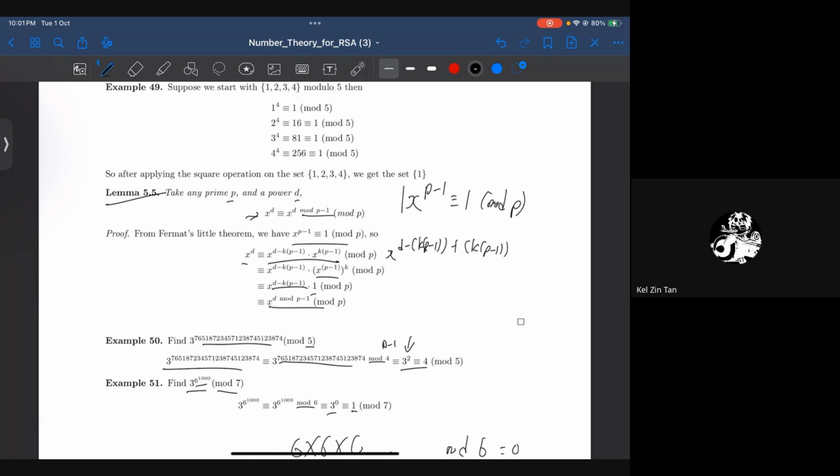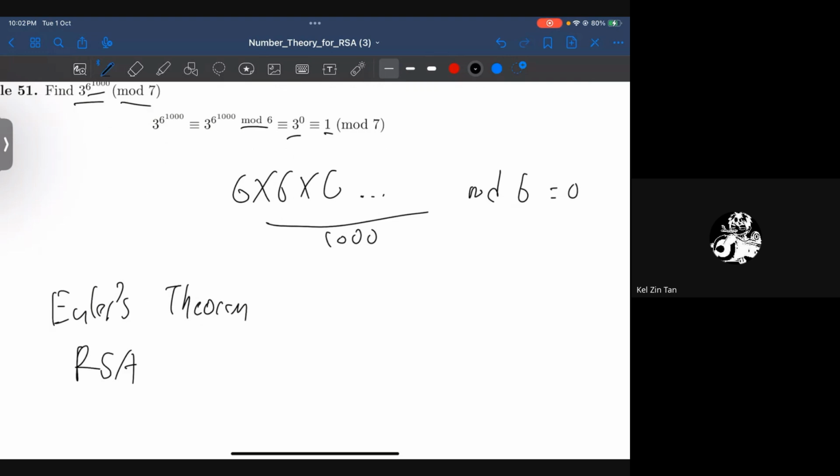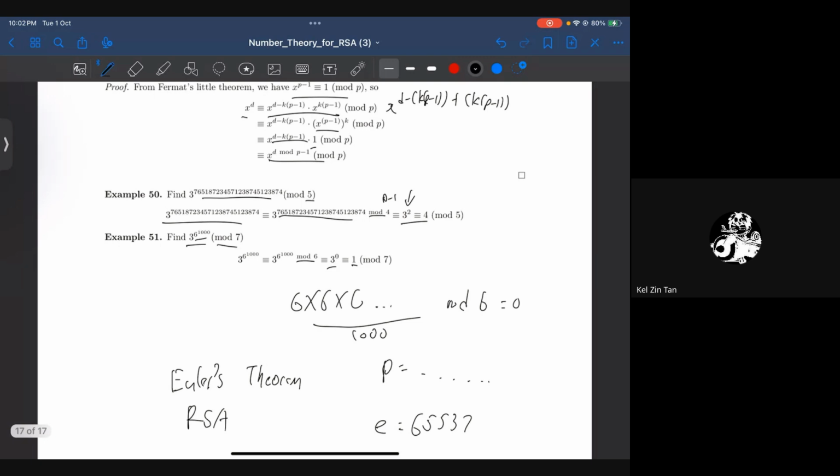This won't work when E is equal to 65537. Depends on the size of the modulus. So okay, in RSA, we have P as a very, very large number. And when E is just 65537, you can't really do any reduction because this is already the smallest. The reason you can do all this interesting thing is because the modulus here is small.